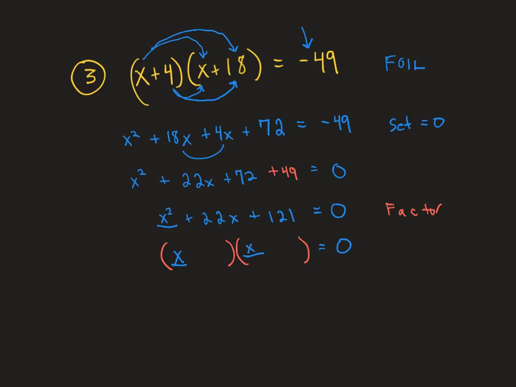We also have plus and plus in the middle there, so we can assume plus is in the middle of both of those parentheses. And then lastly, you need two things that multiply to be 121 and that add to be 22 here. So two things that multiply to be 121. Hopefully you guys know this. 11 and 11 multiply to be 121, and they also add to be 22.